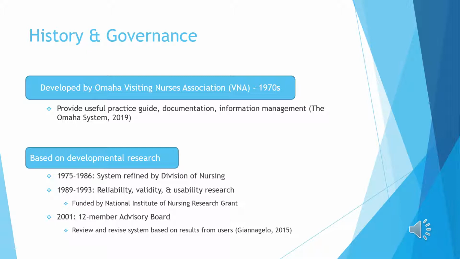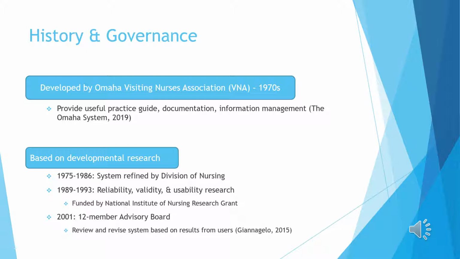In addition, documentation and management of information enhancement is designed into the structure for healthcare needs. So essentially, the VNA utilized these efforts to build a system of standardized terminology for nursing processes specifically.